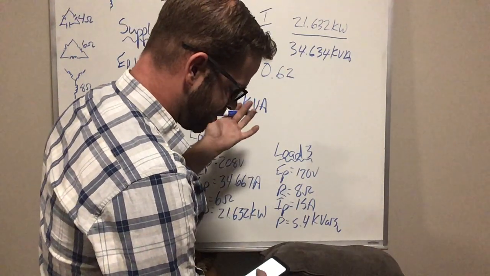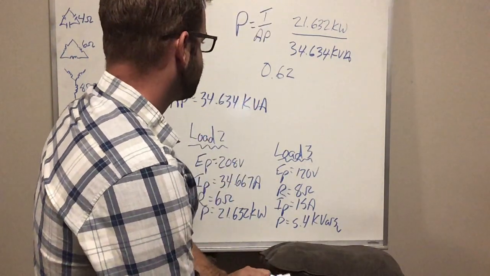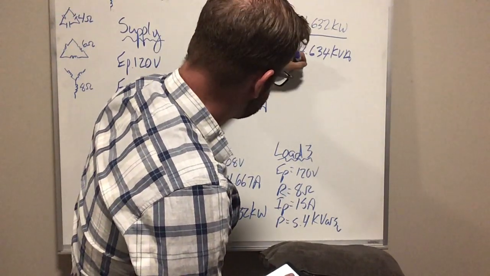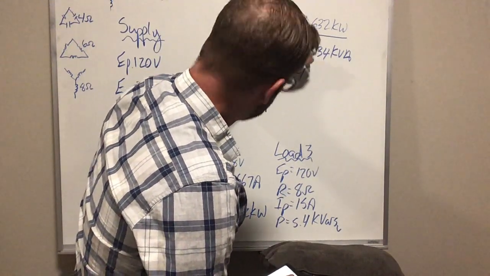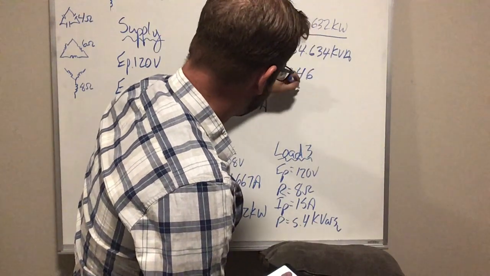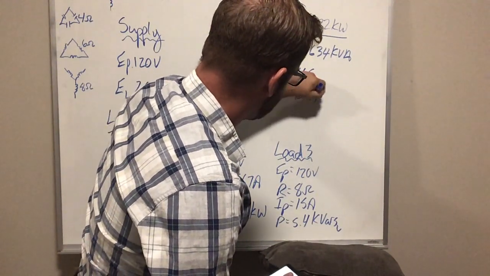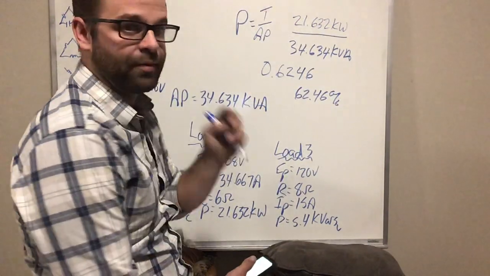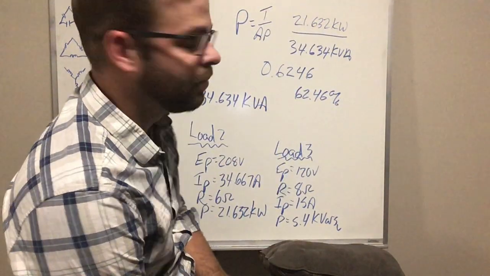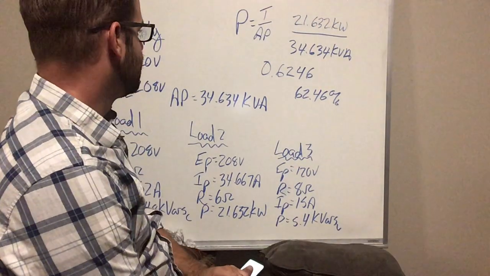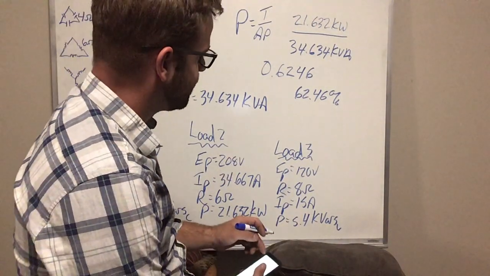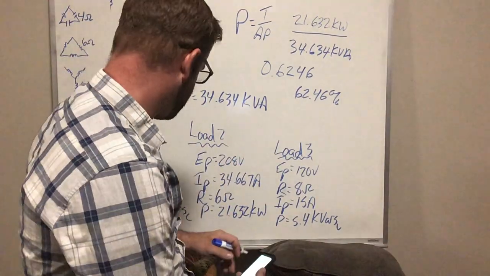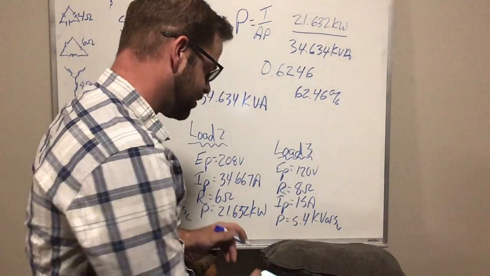It's 0.625 if you went to 3 decimals, or if we did it, let's do that, 0.6246, or a power factor of 62.46%. So that's how you would solve that word problem all the way through. Okay, I'll let you pause that, write that down, and we will put another question up.